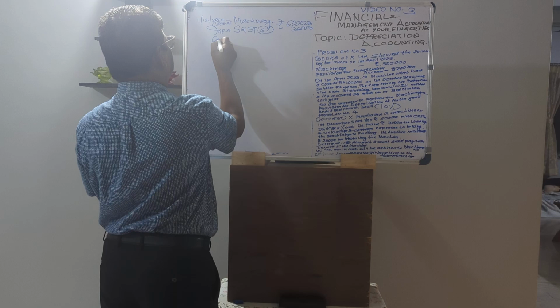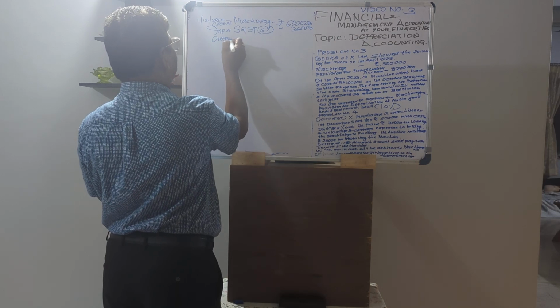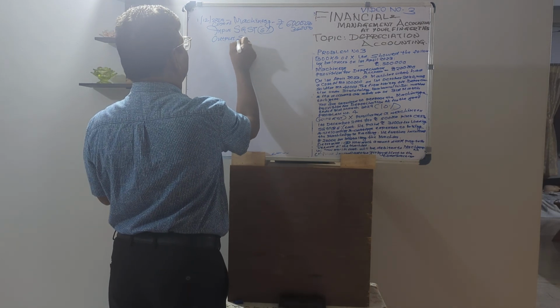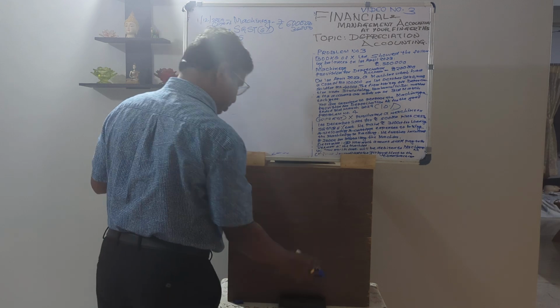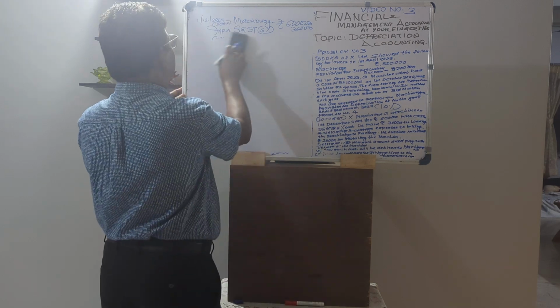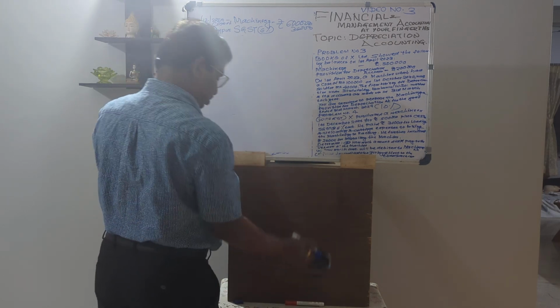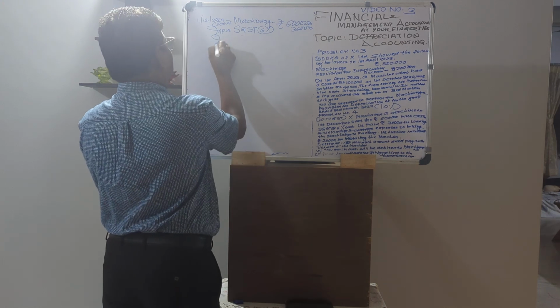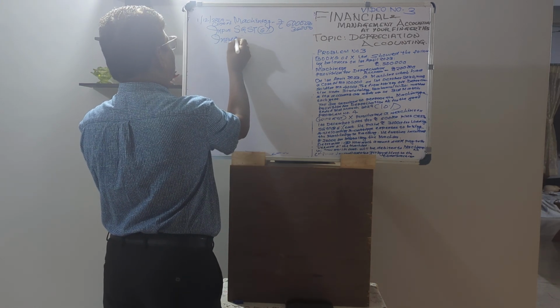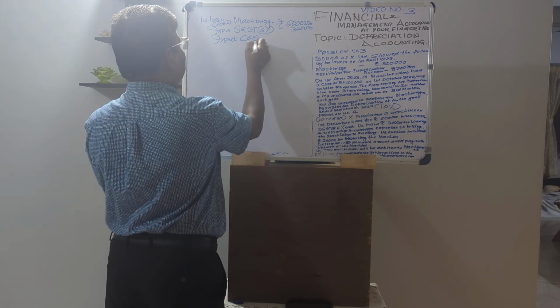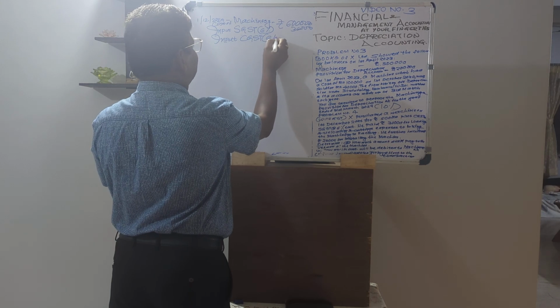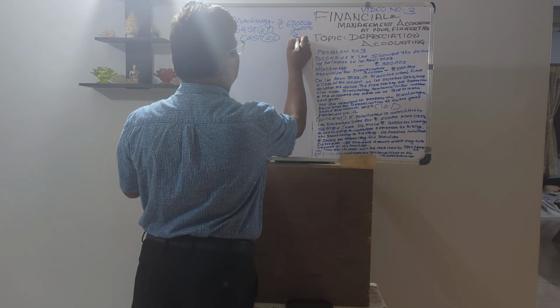At the time of purchasing, it will be input SGST and input CGST. CGST is also 6%, both equally 6%.